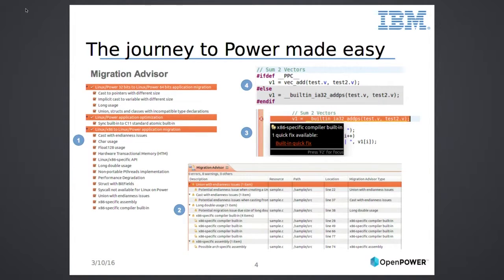There are checkers that allow you to identify several problems. So we are going to provide a new release by the end of this month, which has much more checkers and much more optimization on migrating any application from X to Power. And we are adding the capability to migrate from Power Big Endian to Power Little Endian as well.